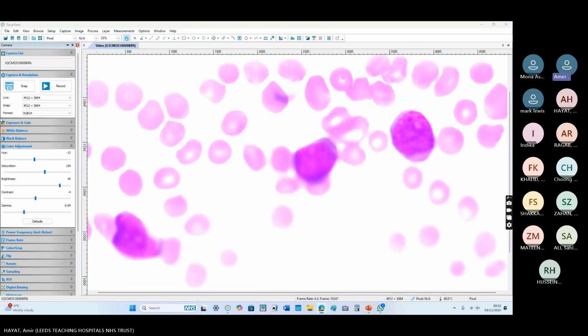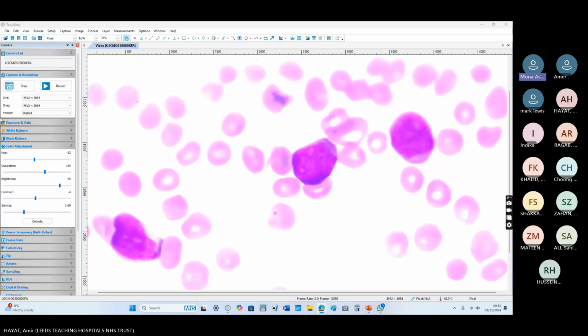This is a T cell ALL. Do you think it has a good prognosis or bad prognosis as compared to B-ALL? Poor prognosis. T-ALLs have very poor prognosis, and we always struggle with the treatment in such patients.